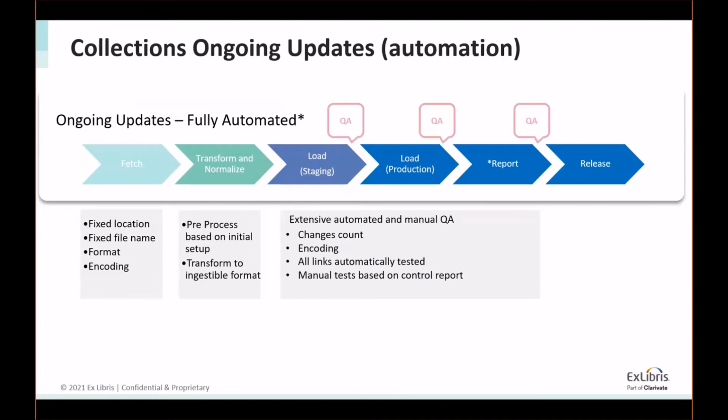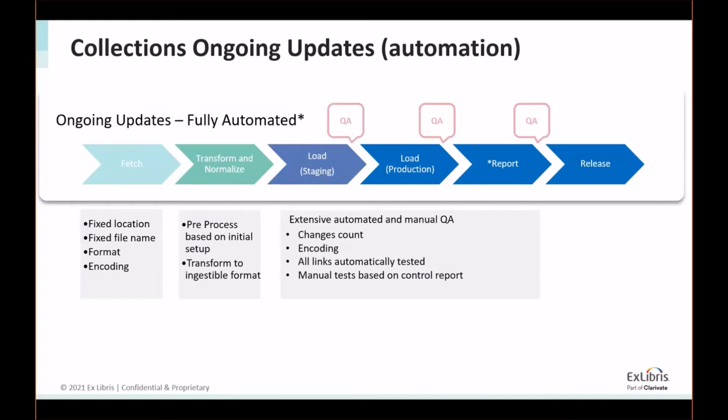But in general, it's something that is hard coded and is set up after a thorough analysis to make sure that we identify the fields, the title list location, the format as mentioned. The second phase is transformation and normalization of the data.